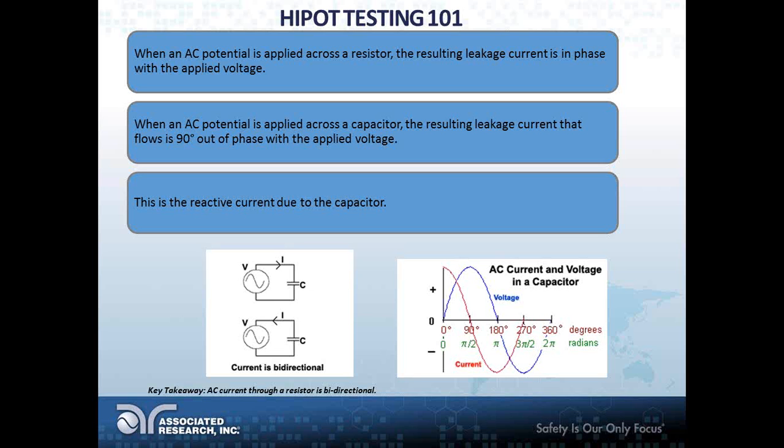Unlike the DC, here the current is 90 degrees out of phase with the applied voltage, as you can see in the second picture, the plot for the AC voltage and current through a capacitor. The current is lagging the voltage by 90 degrees. This current flowing through a capacitor is called the reactive current, which is due to the capacitance of the capacitor.